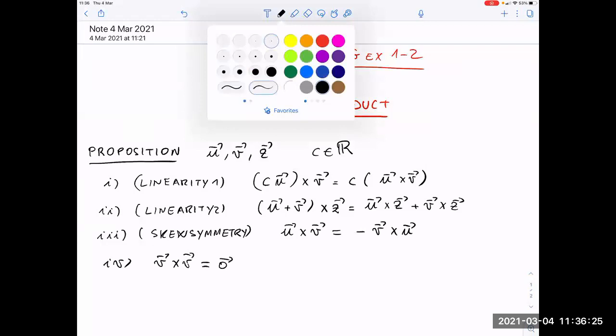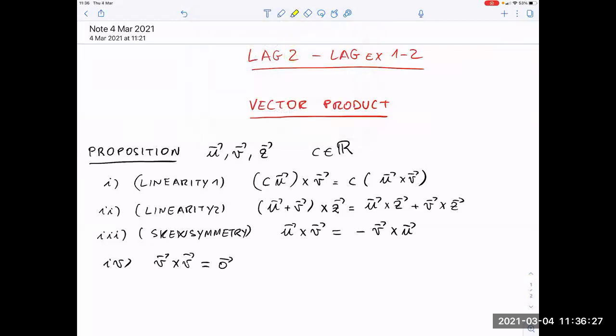Now, the most difficult to prove is linearity 2. For the case of the scalar product that was done with projection, if you remember, if you read the notes. Here it requires a little bit more. So out of the remaining three, say 1, 3, and 4, is there anyone you'd like to see together?